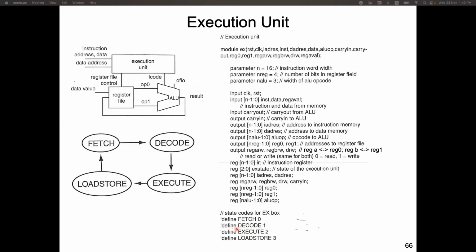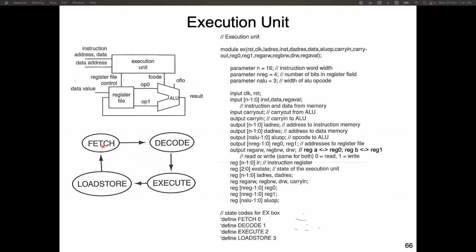Here, for convenience, we define some parameters. Define fetch as 0, decode 1, execute 2, load 3. So this execution unit is a finite state machine. It has 4 states.